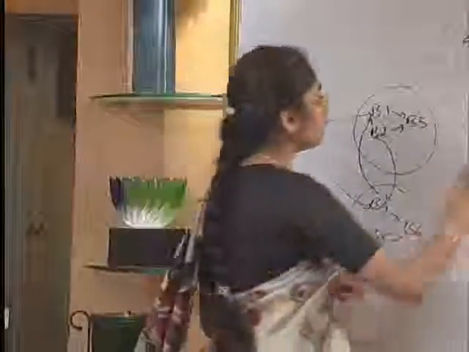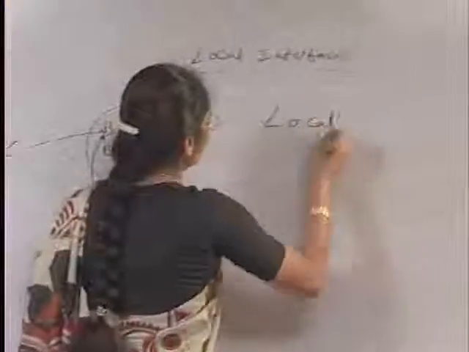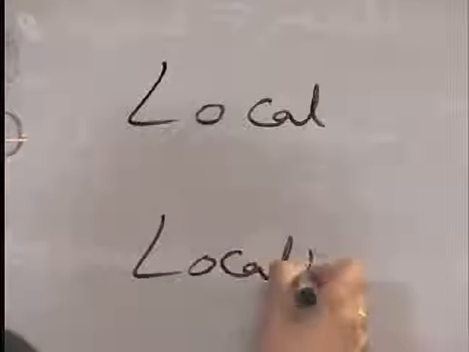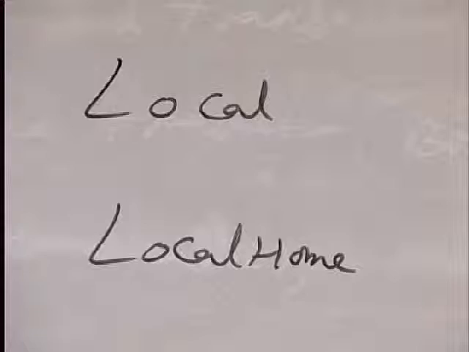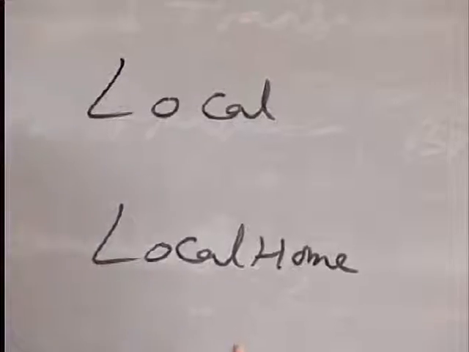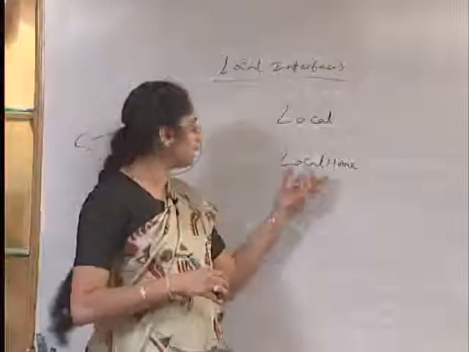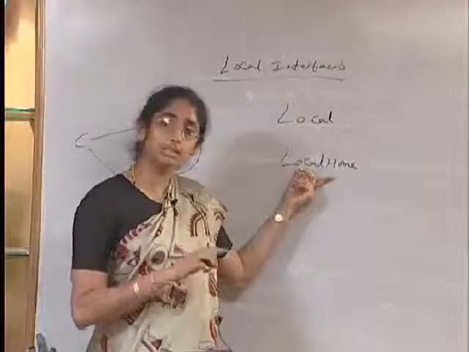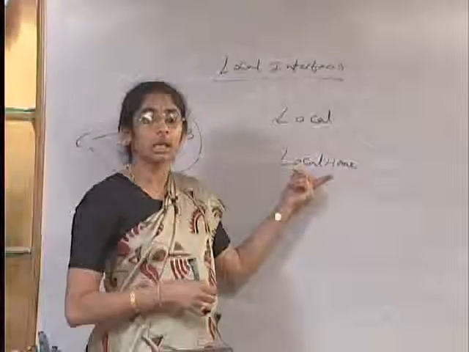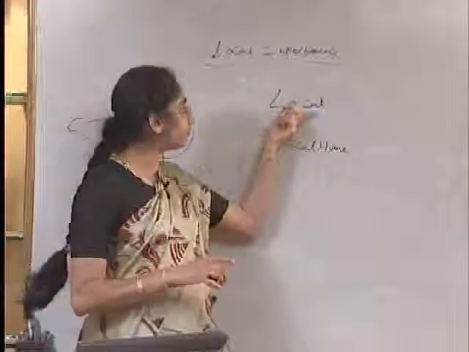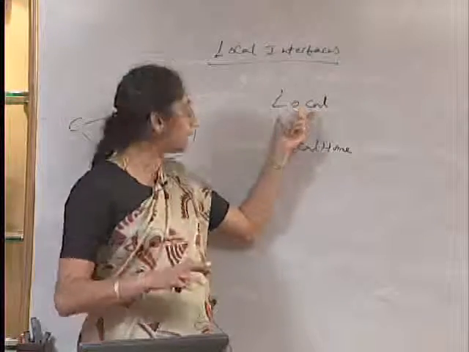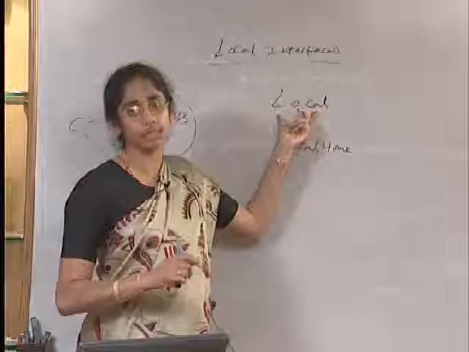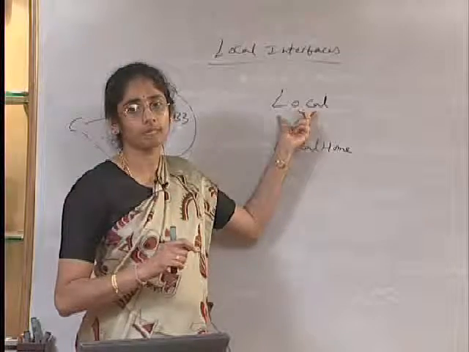So, you have interfaces called Local and LocalHome. The home interface which you derive for a local object will be derived from LocalHome instead of EJBHome, and the interface with the business methods will be derived from Local instead of EJBObject.